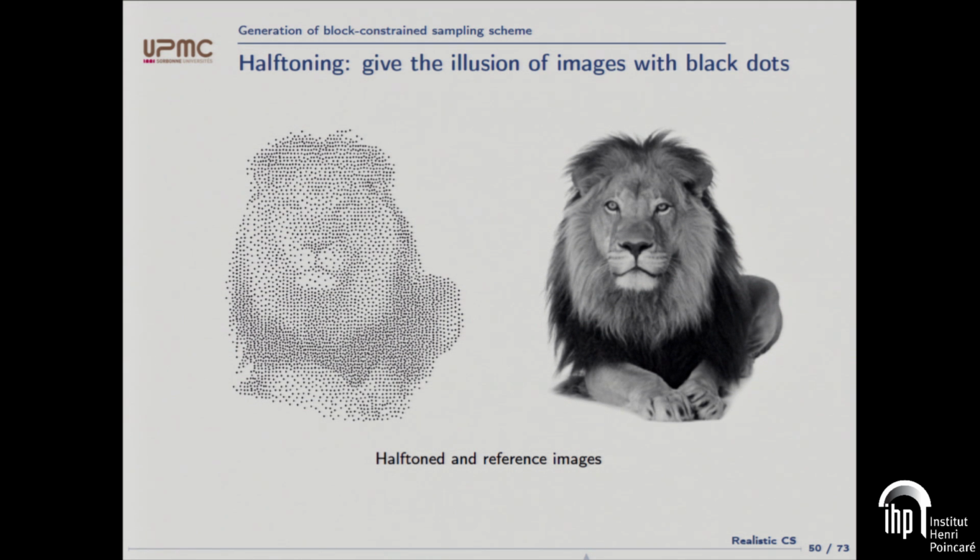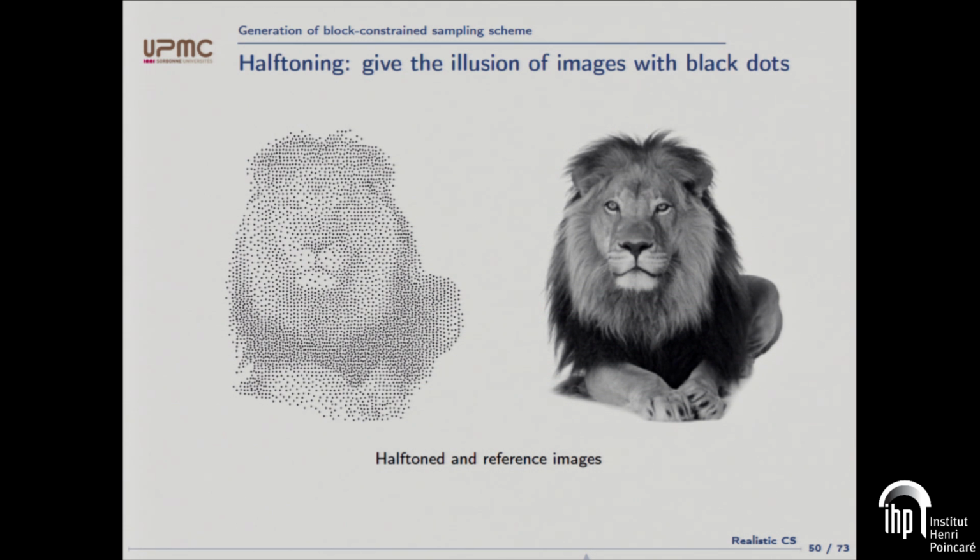And actually, you have just set points or Dirac masses, let's say, black dots, in order to look like this image. And normally you're able to say that, well, this lion is this lion, right? So why are you able to say that this is the good half-tone version of your lion?